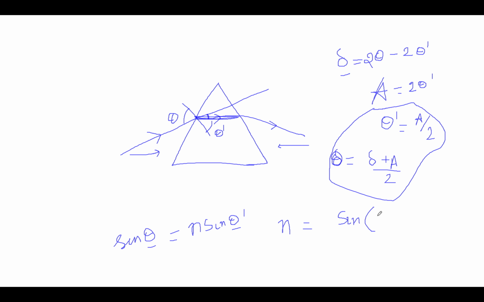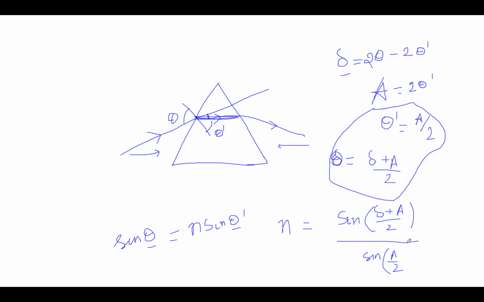So I can write n as sine theta by sine theta prime, or I can write it as sine of delta plus A by 2, divided by sine A by 2. A is the angle of the prism, so from the angle of the prism, you know what sine A by 2 is.